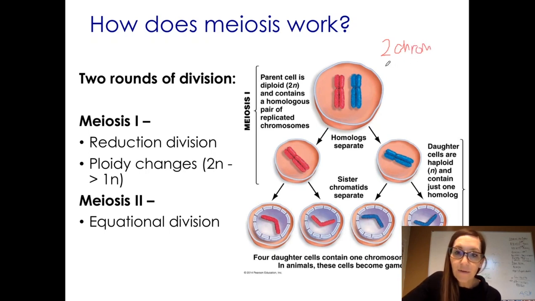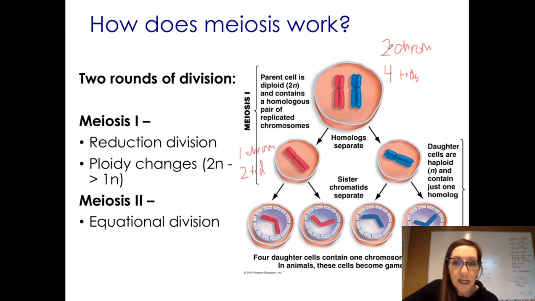And in this case, we had 4 chromatids, right? I'm just going to write tids because that is shorter. So 4 chromatids. By the end of meiosis 1, we only have 1 chromosome, but we do have 2 chromatids, right? So the sisters still have their pairs. But our ploidy number changed from the beginning to the end of meiosis 1.